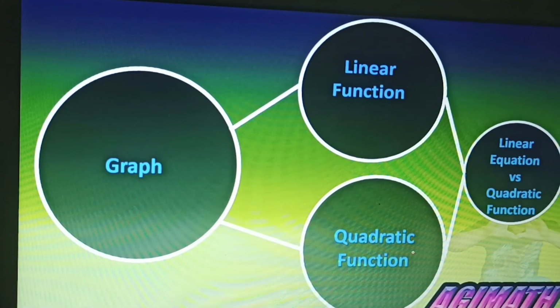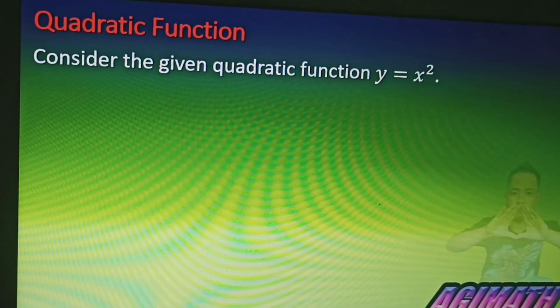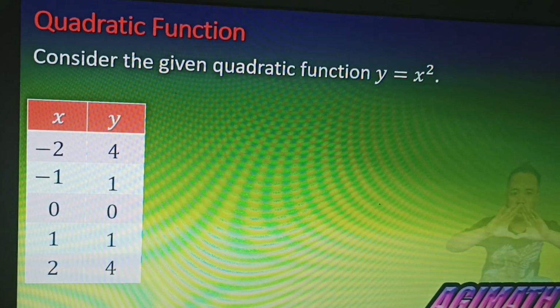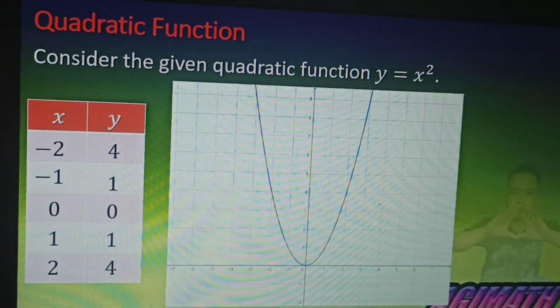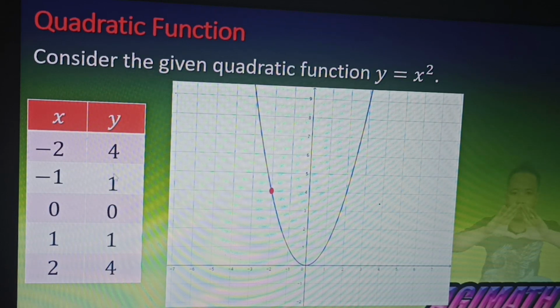Next, let us proceed to quadratic function. It's new to you, and it's fun graphing quadratic functions. Consider the same quadratic function, y equals x squared. I just copied the table of values, and when I graph it, it looks like this. It's a smooth curve. Let us check the points. Negative 2, 4.